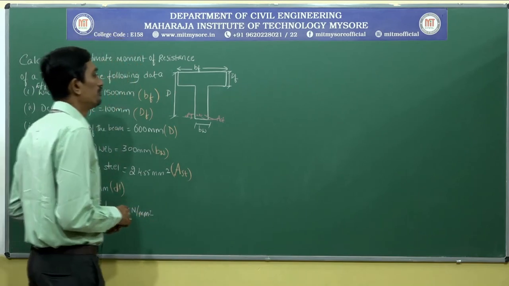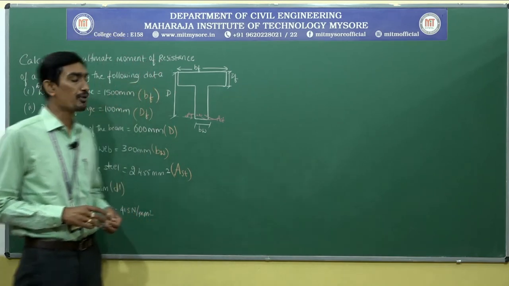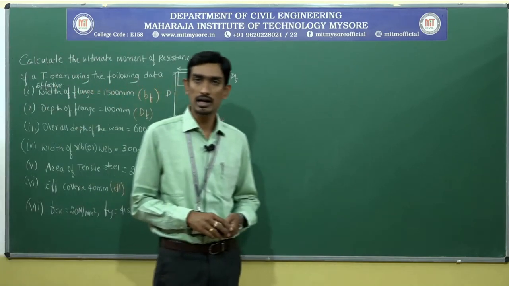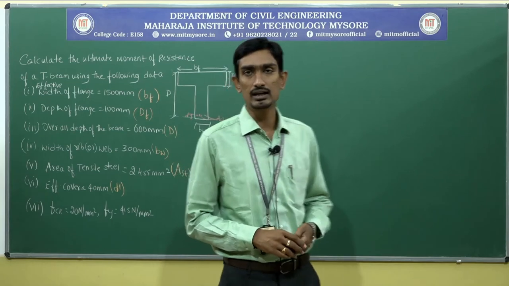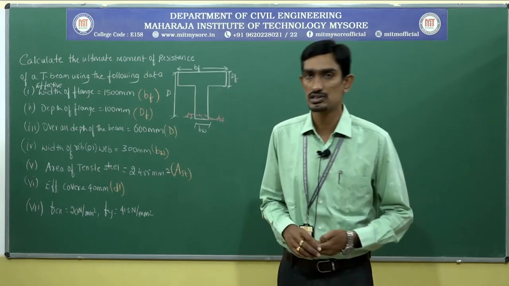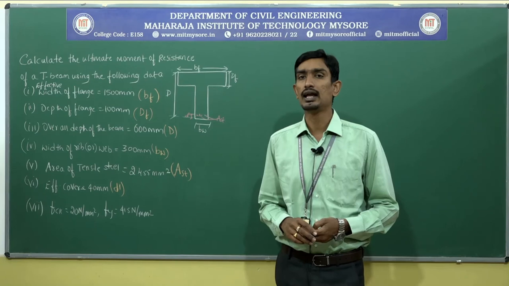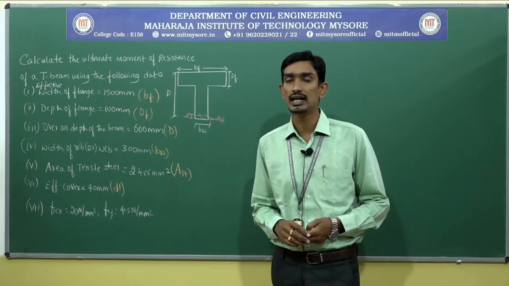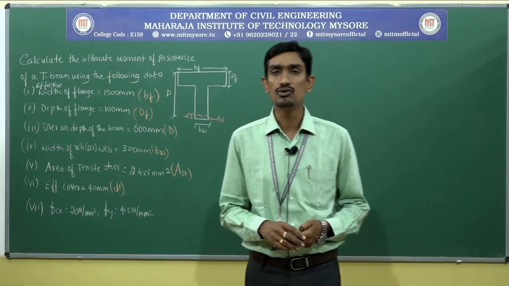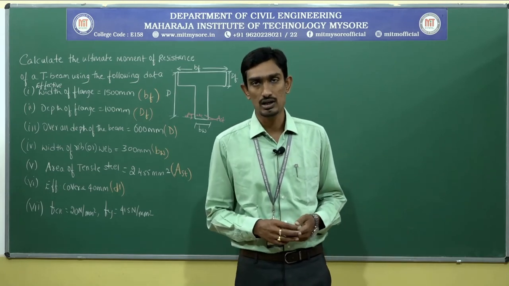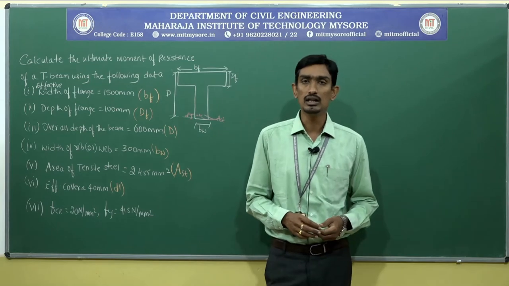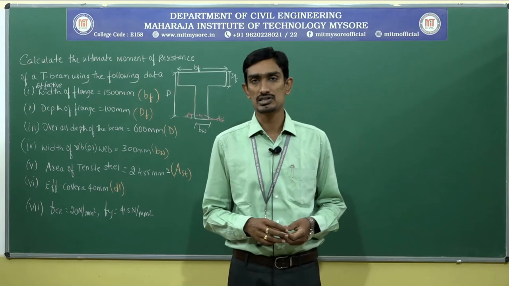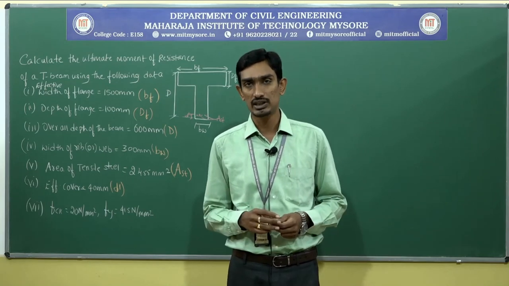The aim of the problem is to calculate the ultimate moment of resistance. When you want to calculate the ultimate moment of resistance, the first thing we need to decide is whether it is an under reinforced section or an over reinforced section, because we learnt in the last session that first we need to decide the section.